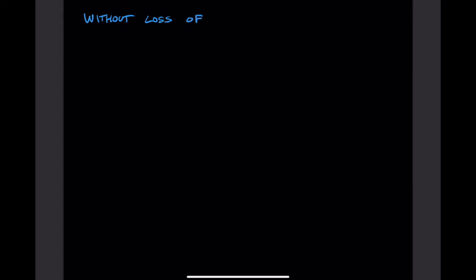All right, without loss of generality. So I mentioned this in the last proof. Sometimes we can take a shortcut if a second case that we're doing turns out to be exactly the same as the first, just maybe with x instead of y, or vice versa.